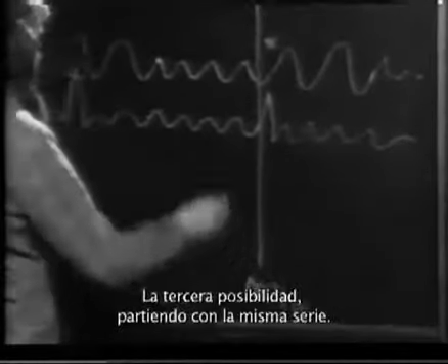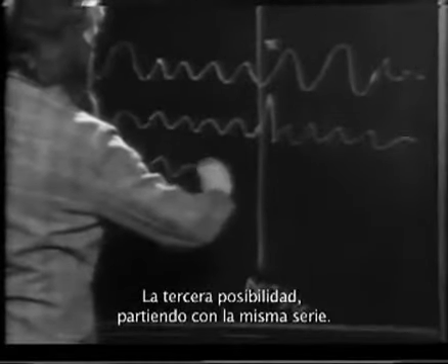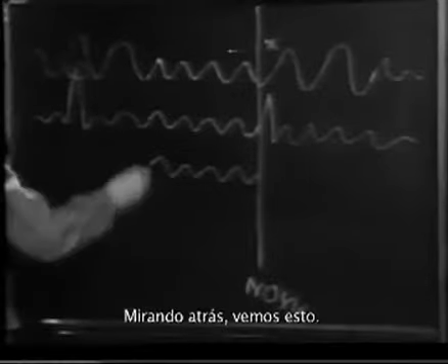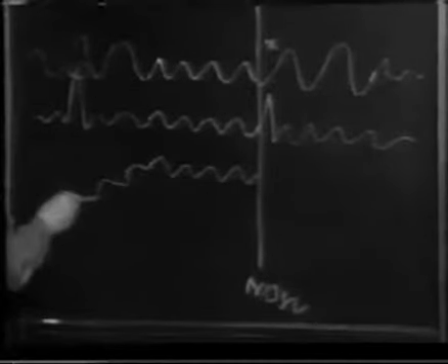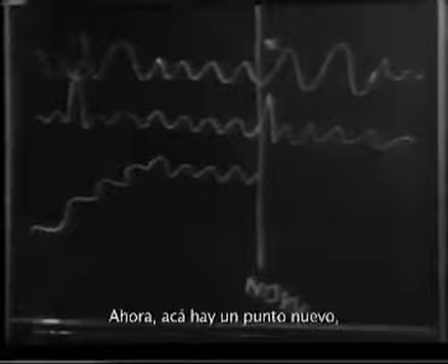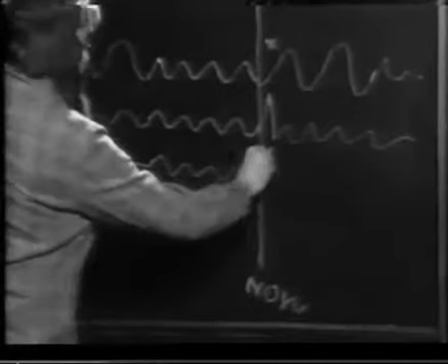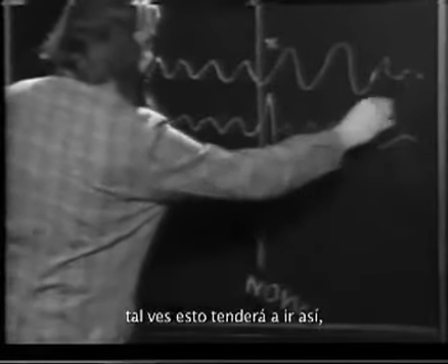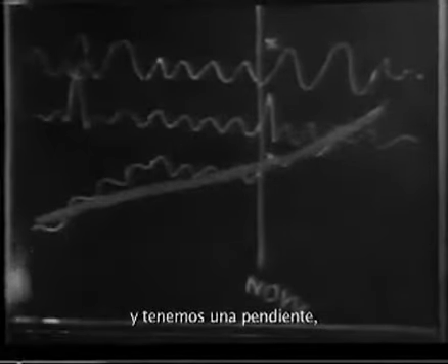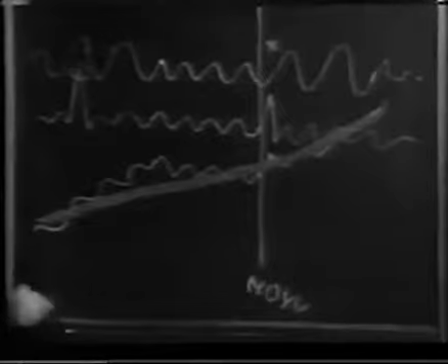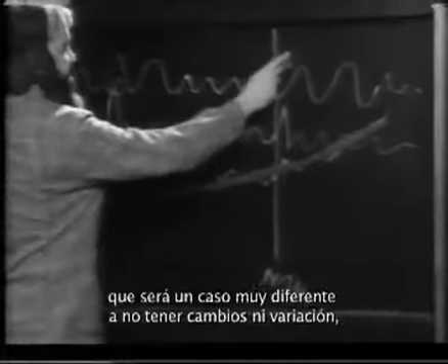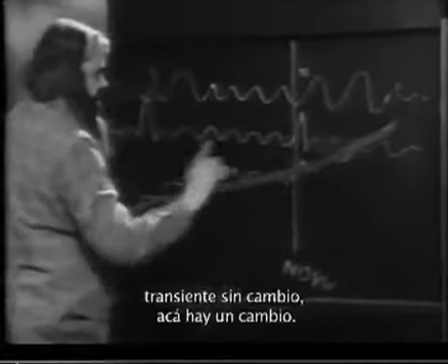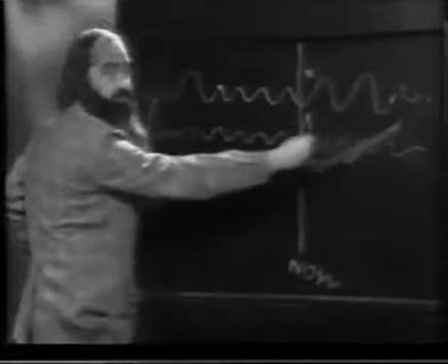The third possibility, starting with the same series, looking back, we see this. Now, here's our new point. Maybe this is going to go like this, and we have an overall slope, which would be a very different case from the no change, chance variation, transient, no change. Here is a trend.